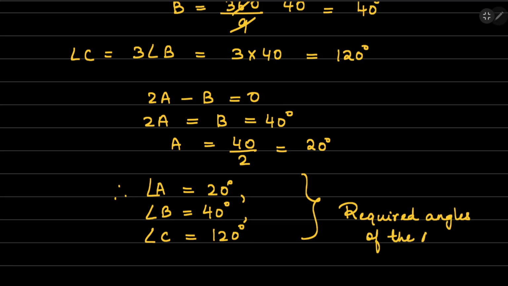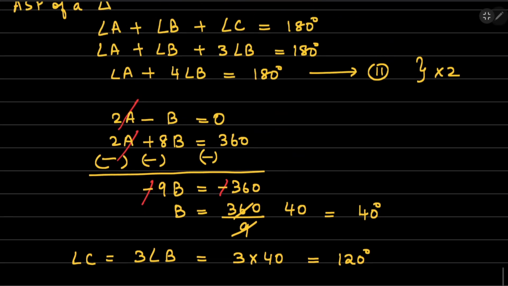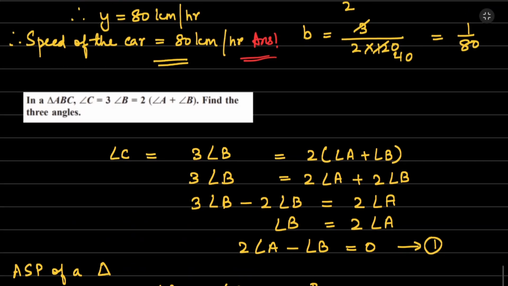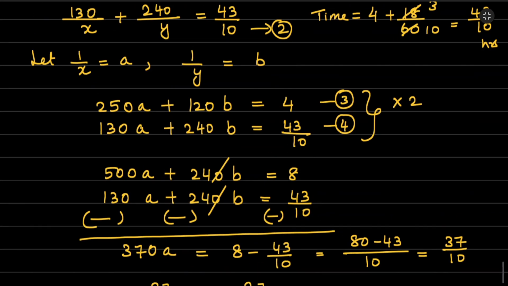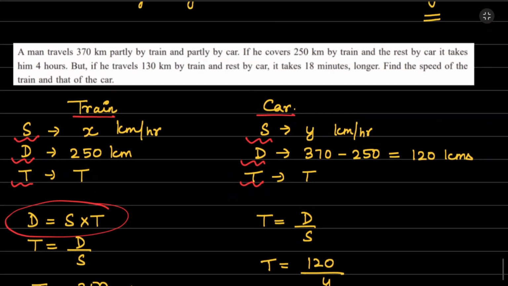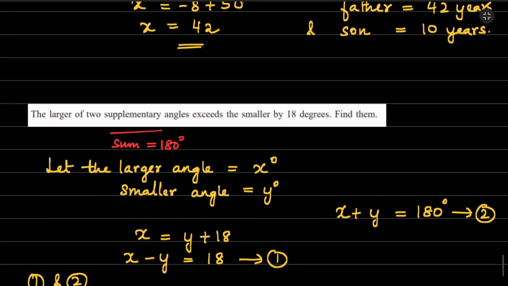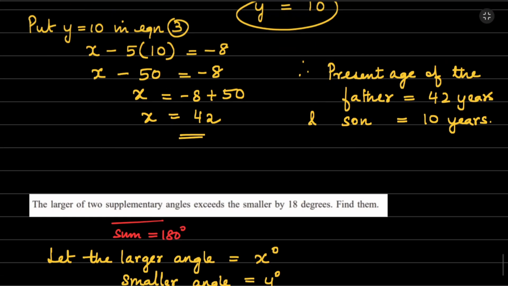So we have to practice a lot of questions. All the word problems that we did today were of each type. This word problem with triangle ABC was based on geometry. The previous word problem was based on distance, speed and time. Then we solved one problem based on geometry and angles, supplementary angles.